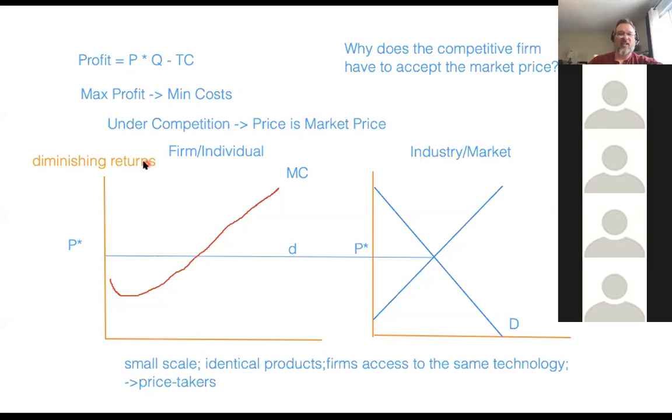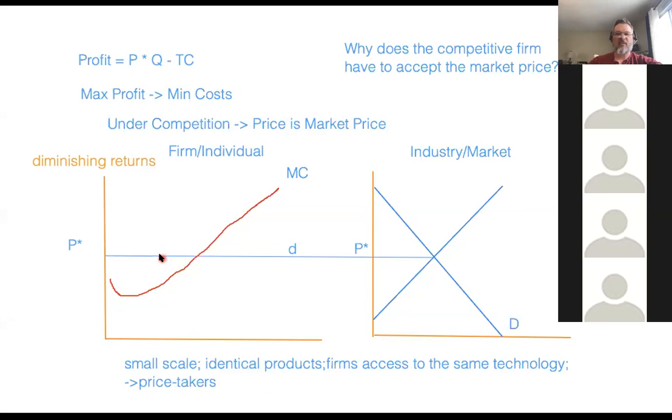So you have a fixed size of factory, you'll get some crowding and your workers' productivity will fall, not because they're getting lazy or overworked, but because they don't have enough machines, tools, and equipment to work with. So there's a cause behind diminishing returns that we talk about, and that's those fixed factors of production.